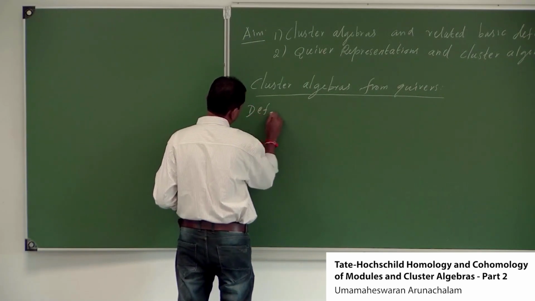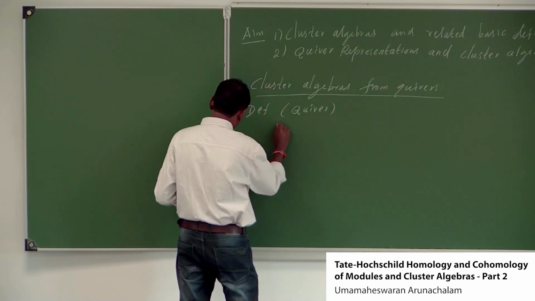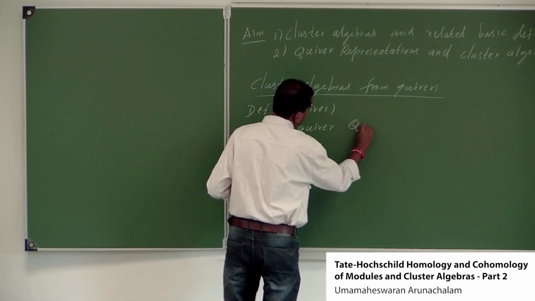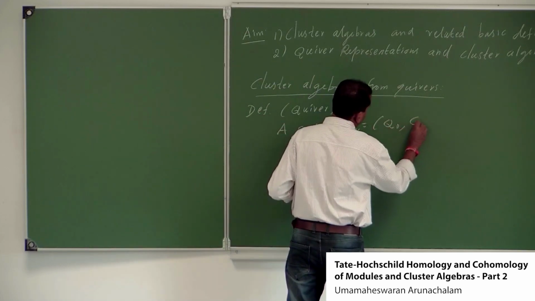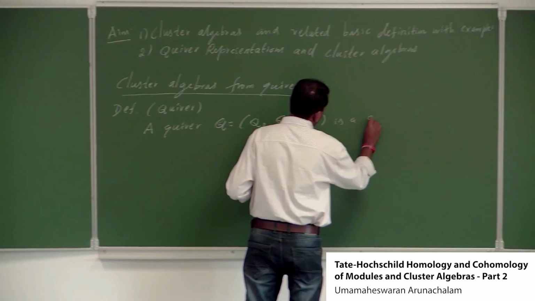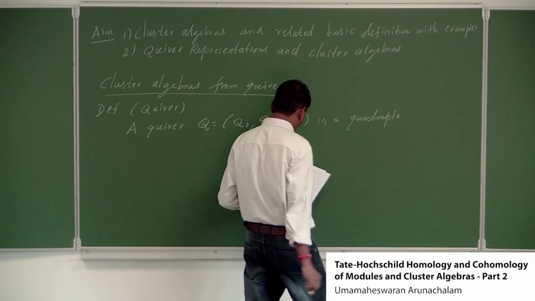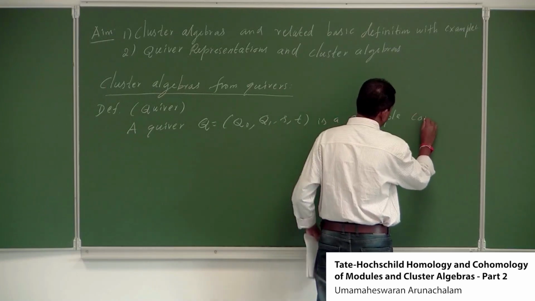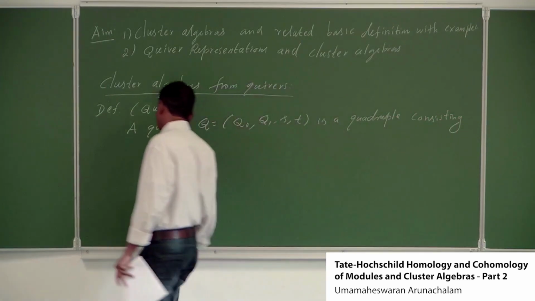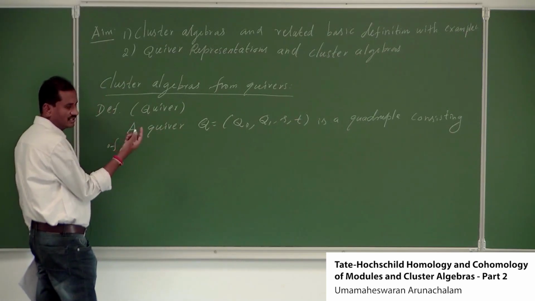What is a quiver? A quiver Q = (Q0, Q1, s, t) is a quadruple consisting of two sets Q0 and Q1 and two maps s and t.